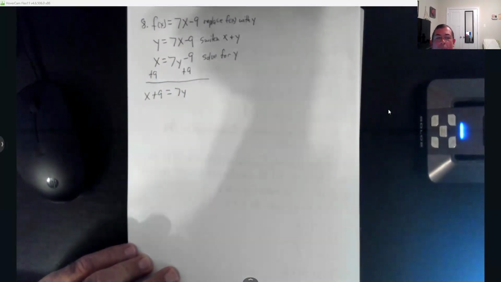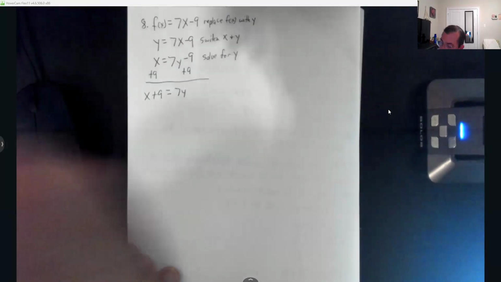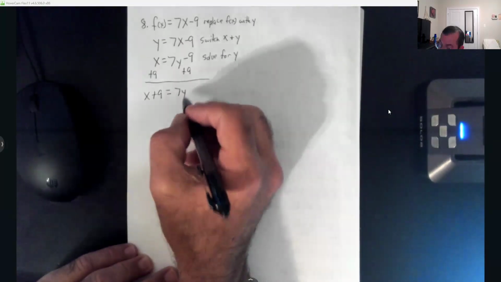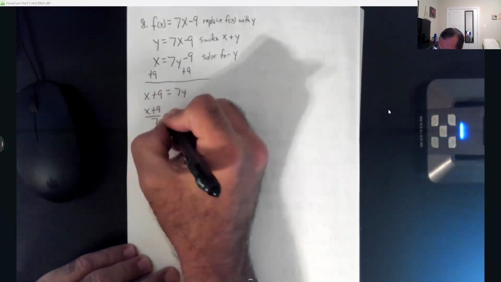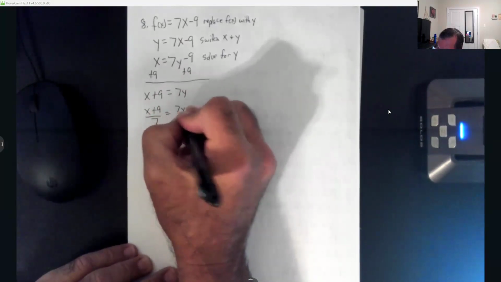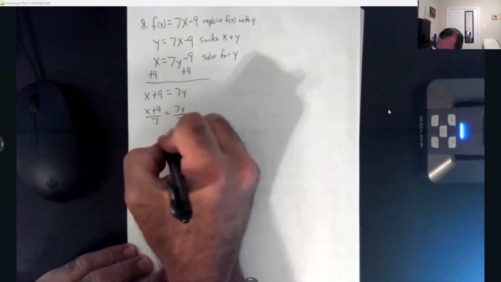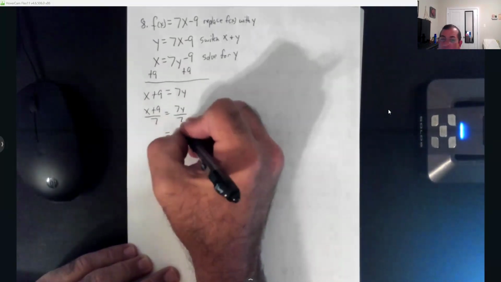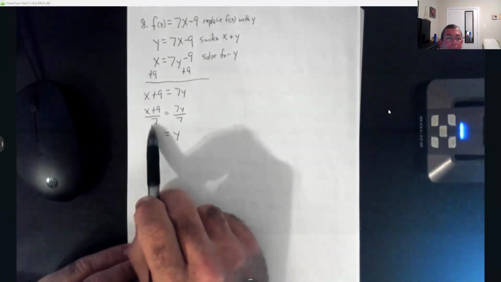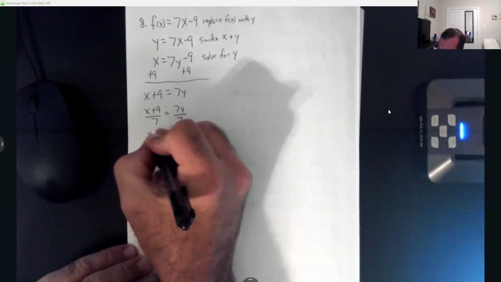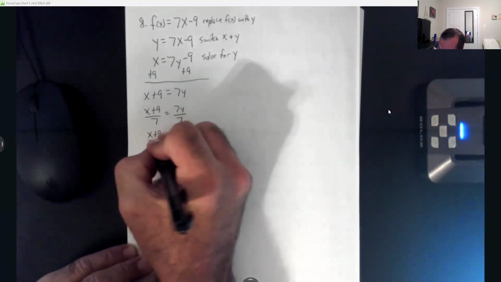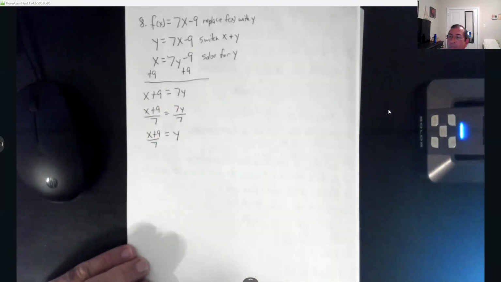Now turn the 7y into 1y. So I'm going to have to divide this by 7, which means we're dividing both sides by 7. So y'all, those 7s will cancel, making that a 1y. And we can't do anything with that, so that's going to stay x plus 9 over 7.